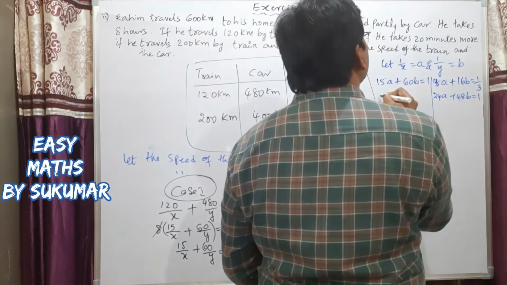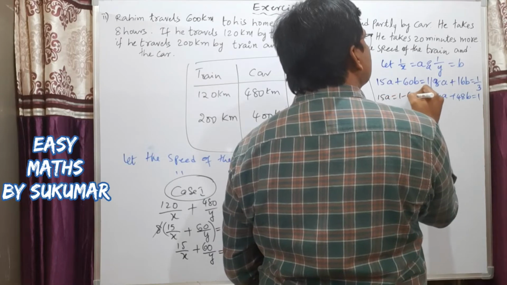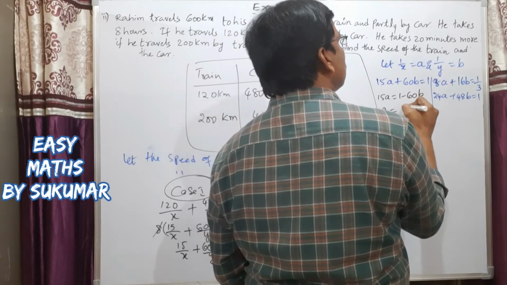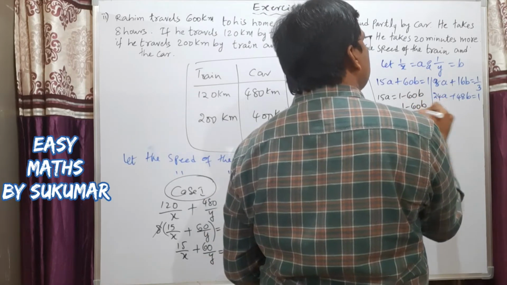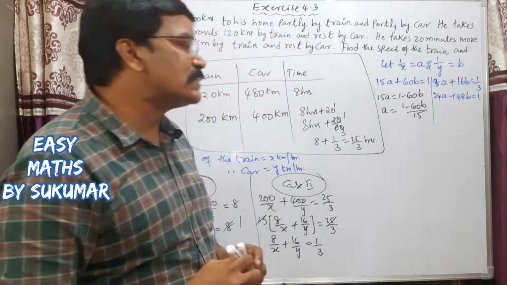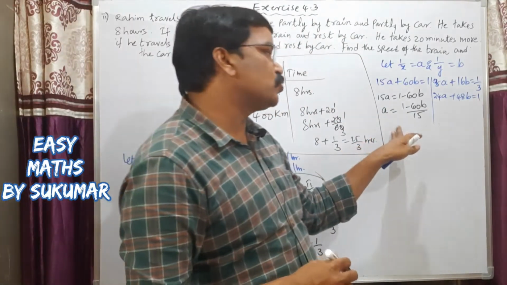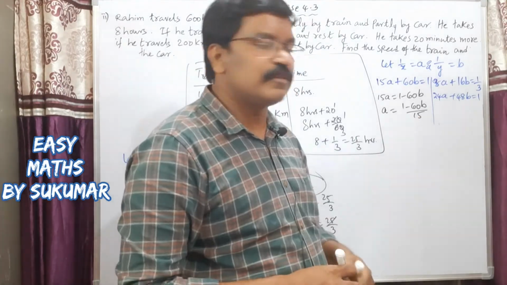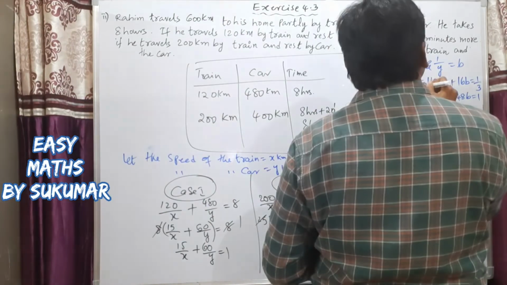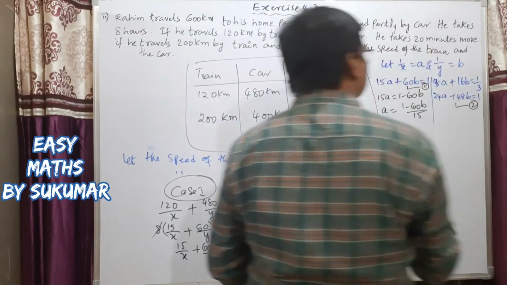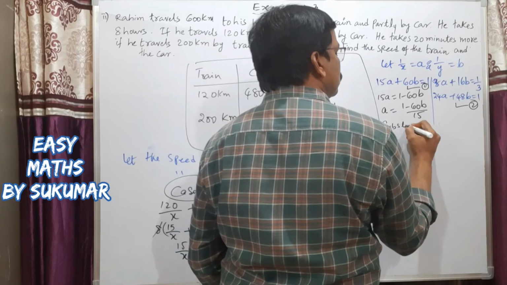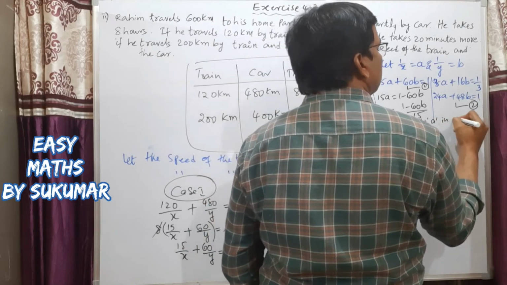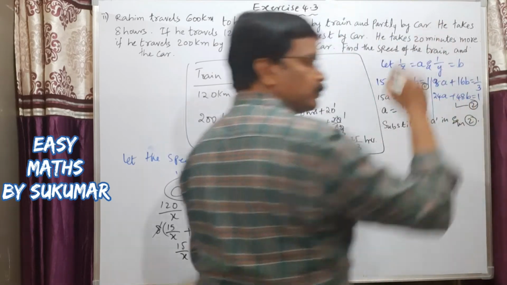That means 15a is equal to 1 minus 60b, so a is equal to 1 minus 60b by 15. Let us substitute a is equal to 1 minus 60b by 15 in equation 2, where this is equation 1 and this is equation 2.